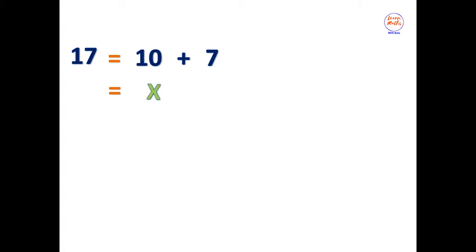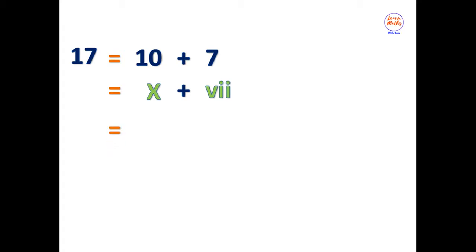So 10 is X and 7 is VII. Don't forget that the V is 5, and I, the repetitive property, is 2. So add 5 and 2, we have 7. So the next step after writing this out is just to remove the addition sign and write out the Roman numerals alone. What do I mean by that?